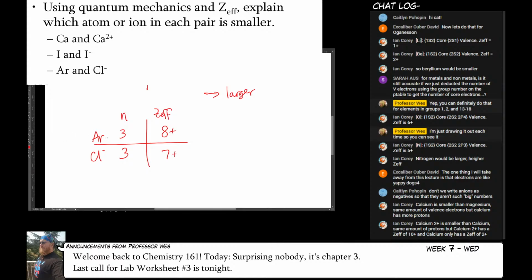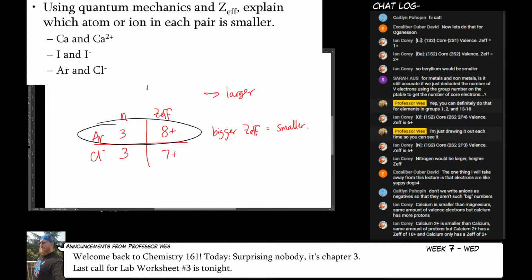Well, bigger Z effective means smaller ion. All right. Those are our trends for atomic size.